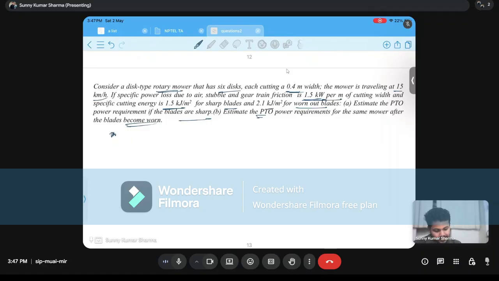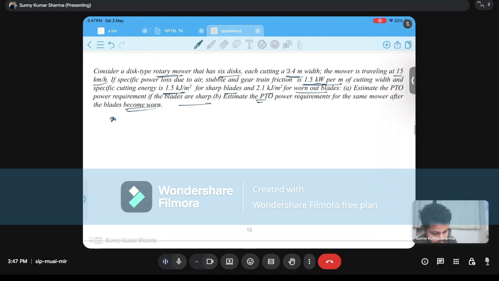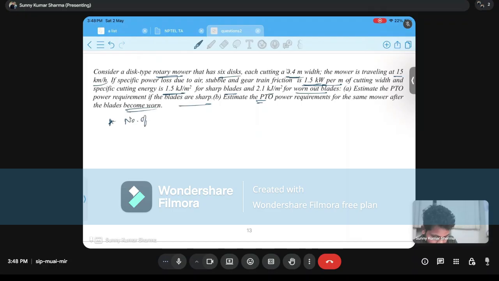number of disks are 6. So I'll write all the parameters which have been given in the question. So number of disks is 6.